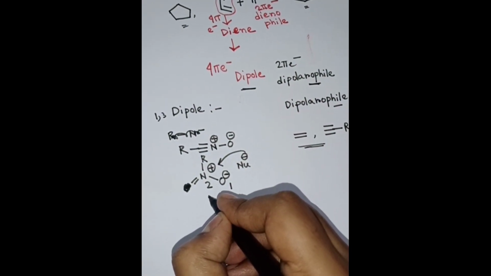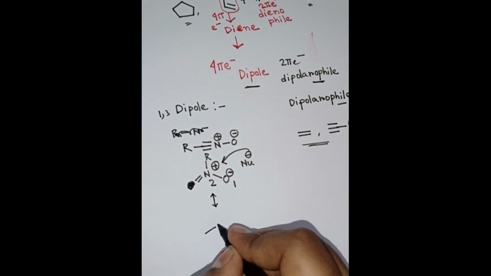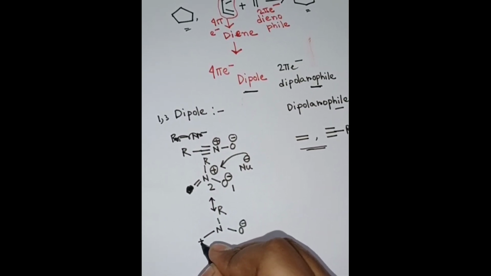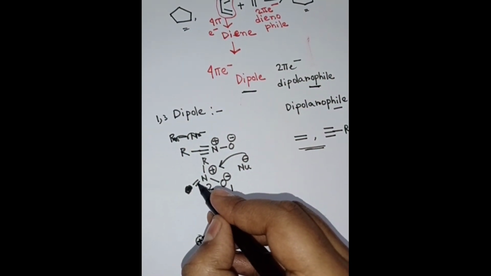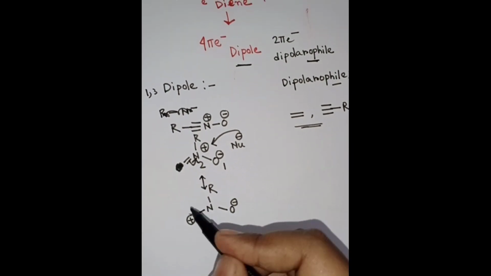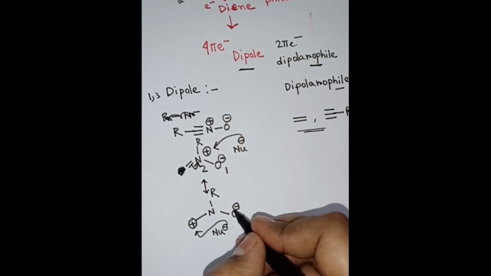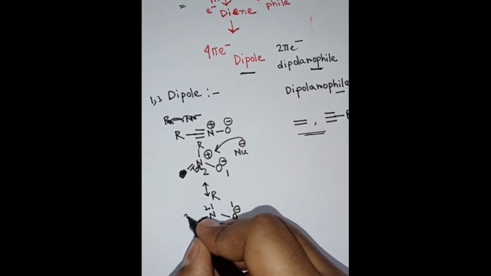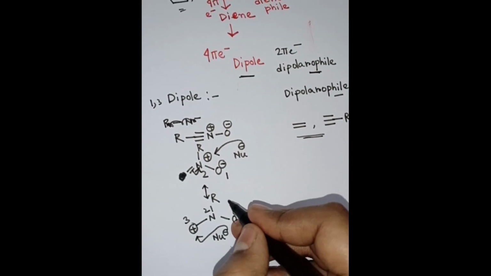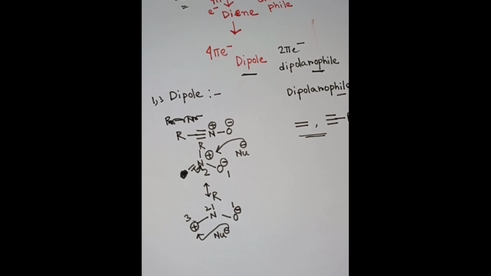So we can write this dipolar system differently: this double bonded electron will shift to this nitrogen center and the positive charge will be generated here. Now a nucleophile can attack this center. You can see this is 1, this is 2, this is 3. So in this conformation the reaction can take place. That's why all this type of system are called 1,3 dipole, not 1,2 dipole.